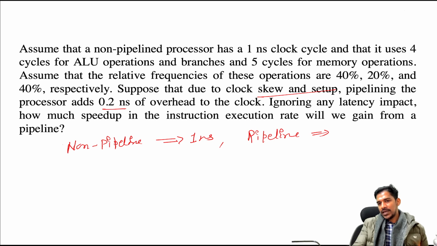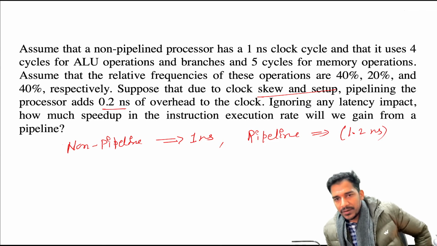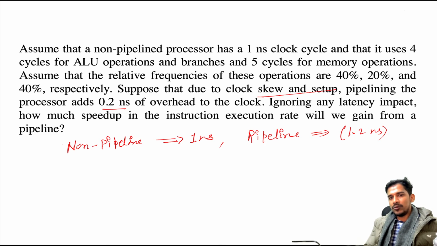That means the clock cycle time becomes 1.2 nanoseconds in the pipelining processor. So we want to find out the speed up of the pipelining over the non-pipelining processor, and 40% instructions are ALU operations, 20% are branches and 40% are memory operations.